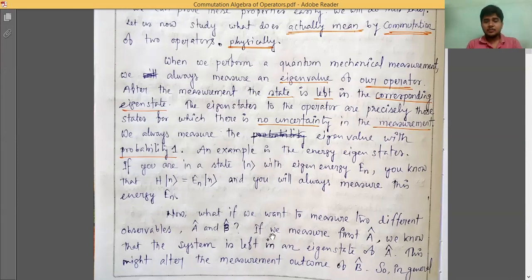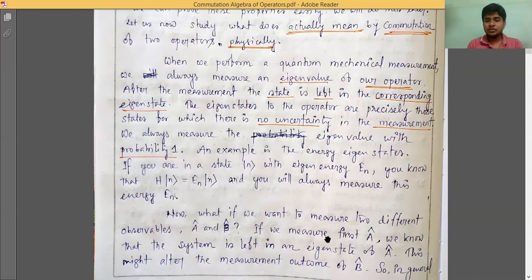Now, if we measure first A, the first observable, we know that the system is left in an eigenstate of A. How? As in this example, the Hamiltonian operator H operating on the nth state produces the energy eigenvalue En and the same energy eigenstate n.